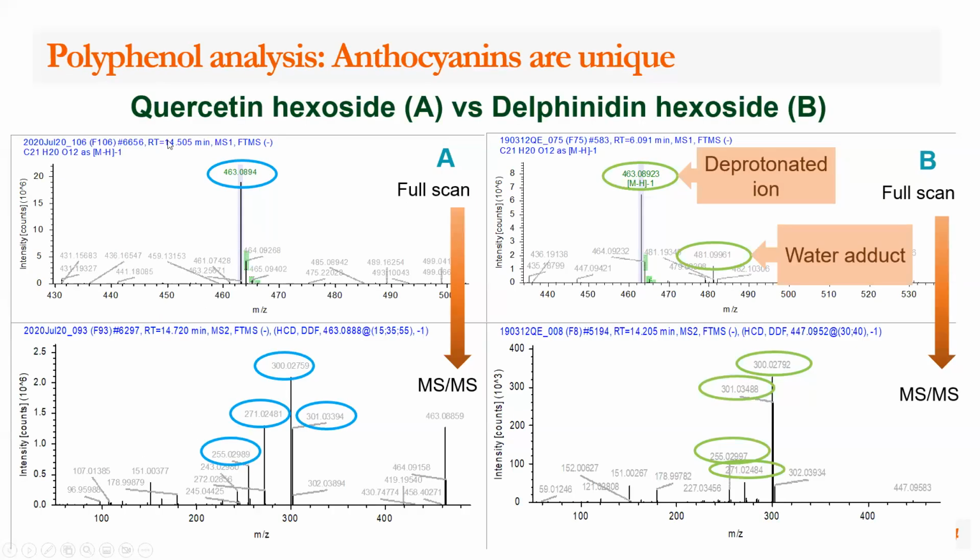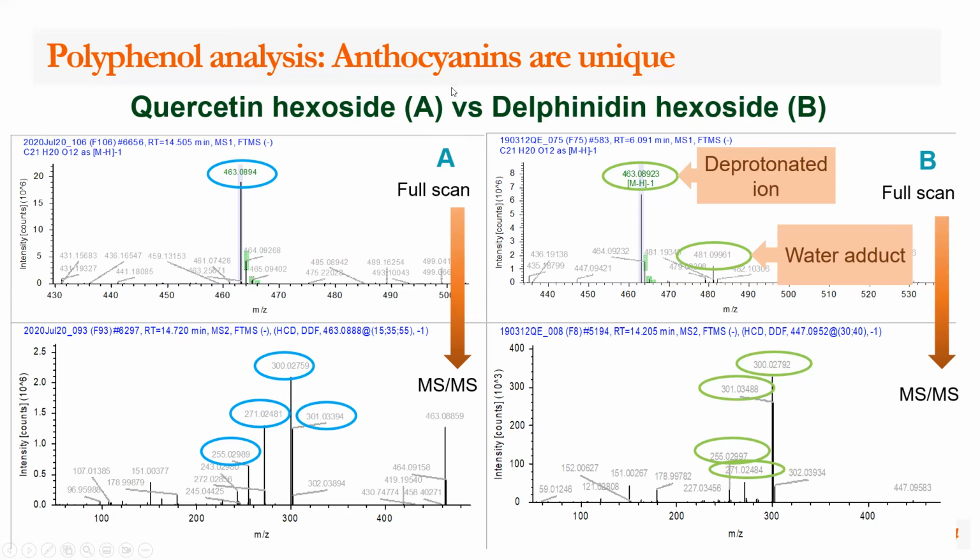First, I'm comparing the quercetin hexoside to delphinidin hexoside. It's quercetin with a sugar and delphinidin attached to a sugar. I just try to compare their mass spec profiles without getting into much detail.